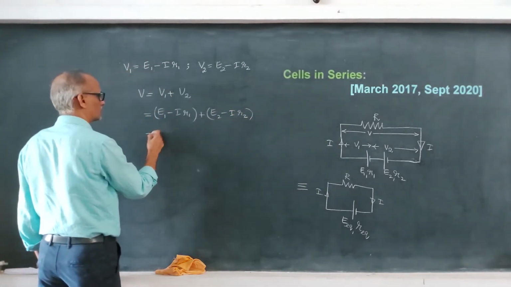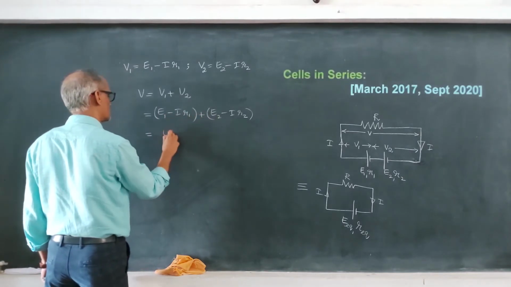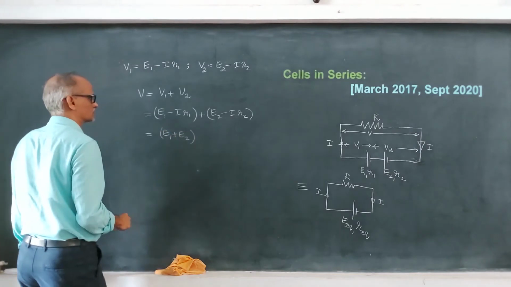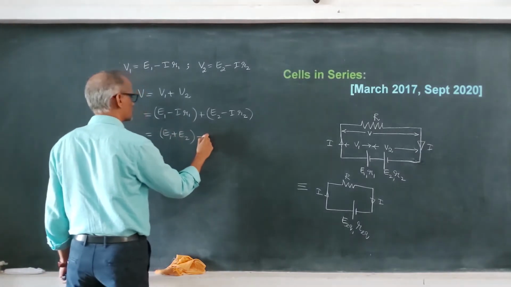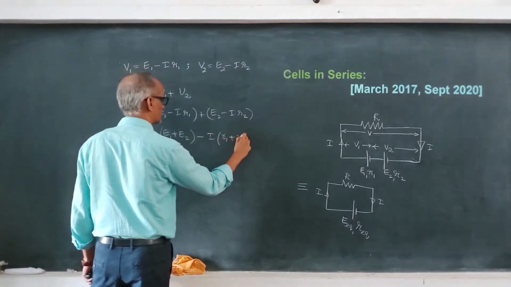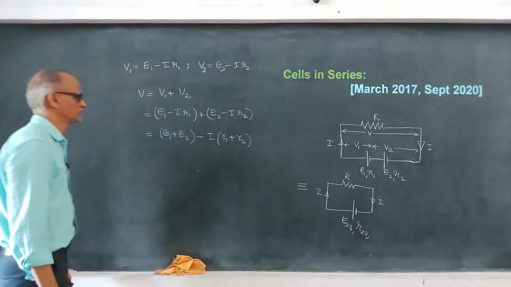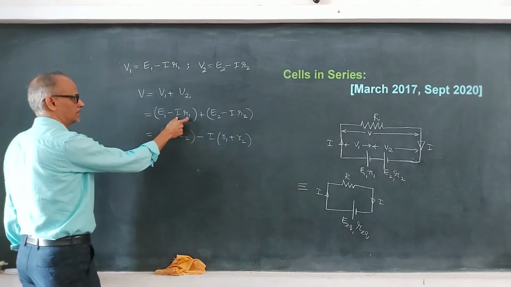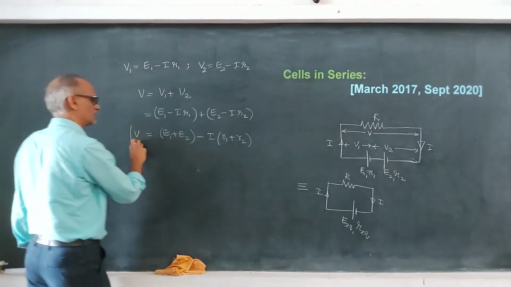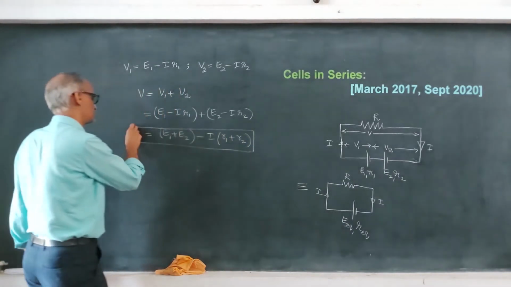Now combine the EMFs, E1 plus E2, minus I into r1 plus r2. Correct? Minus Ir1 minus Ir2, minus I is common, you will get r1 plus r2. So this is the effective potential difference.